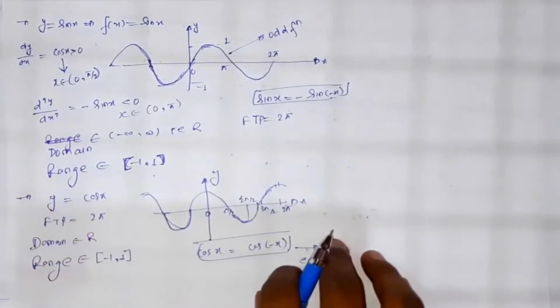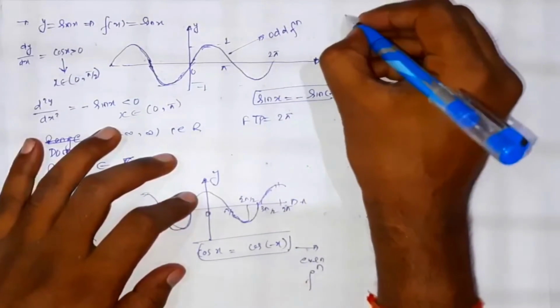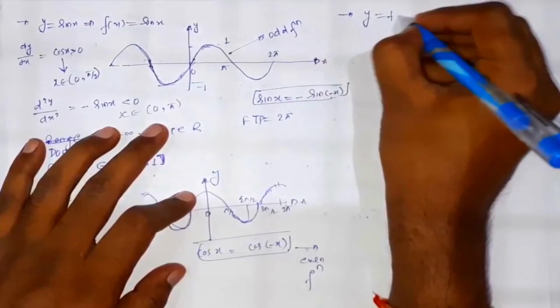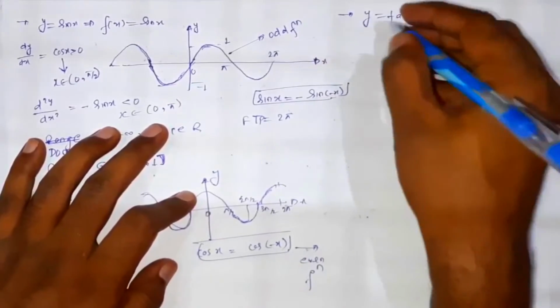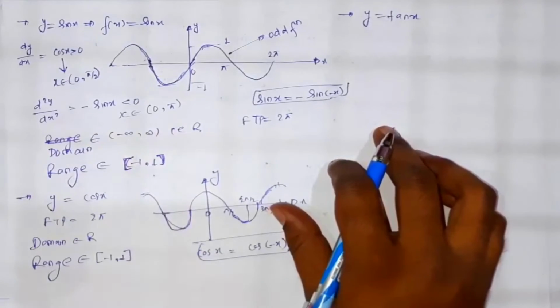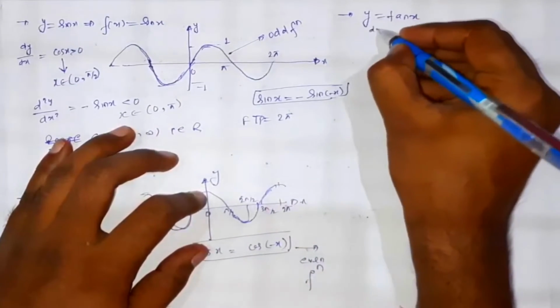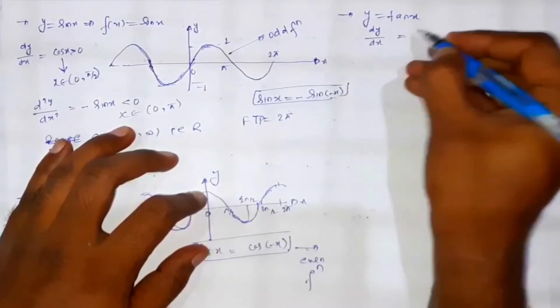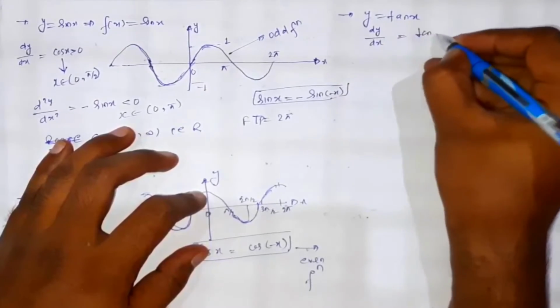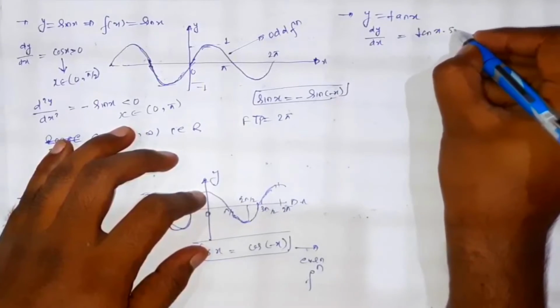Now what we will see, we will draw the graph of another kind of function. That is y equals tan of x. Okay, so to check whether this function is increasing or decreasing, we will simply differentiate tan of x. Sec of x.